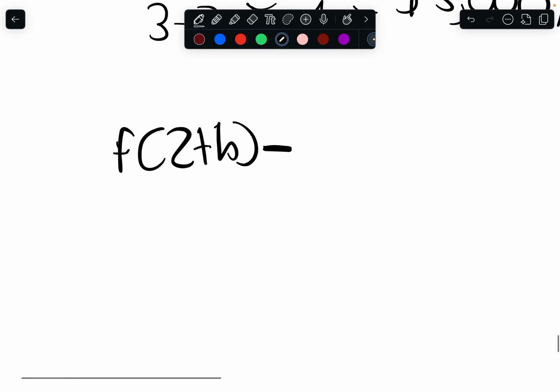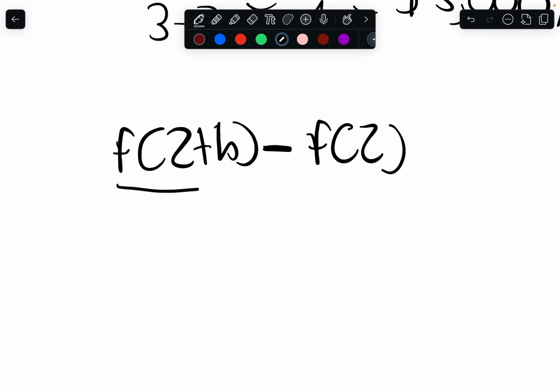And then we subtracted our value of 2 hours, how much money we would have on 2 hours, to see how much our money would have changed. Then we divided it by how much time has passed. And we already know the amount of time that has passed is h.